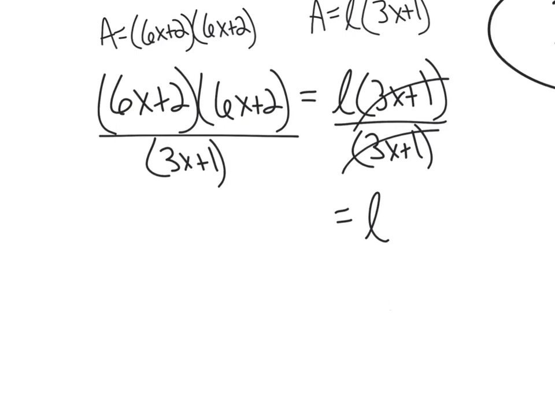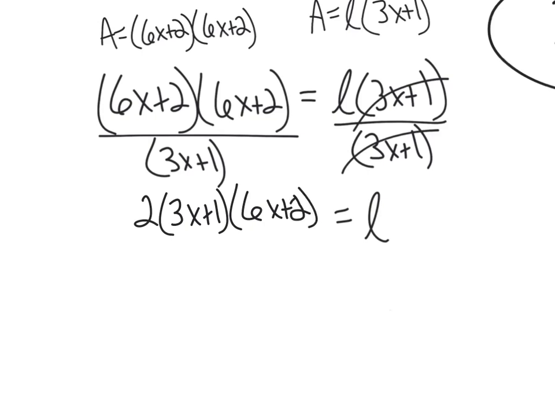And this doesn't really look very good right now, but there's one other thing we can do yet. So with the 6x plus 2, there's actually a 2 that you can factor out of that, which would leave you with 3x plus 1. And then the 3x plus 1s we would be able to cancel out here.